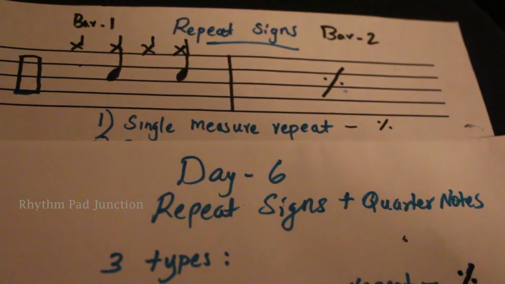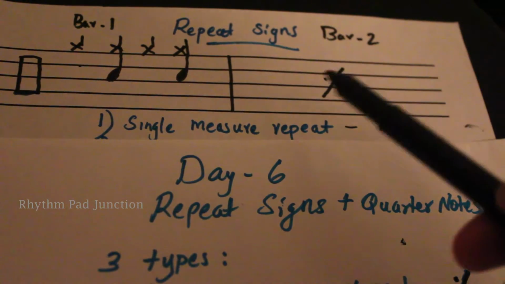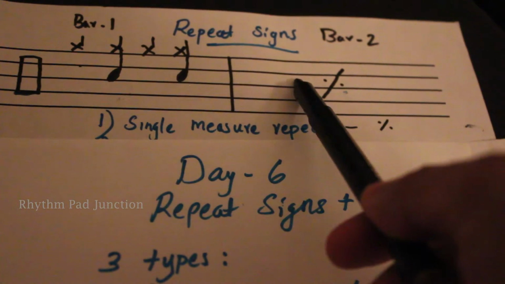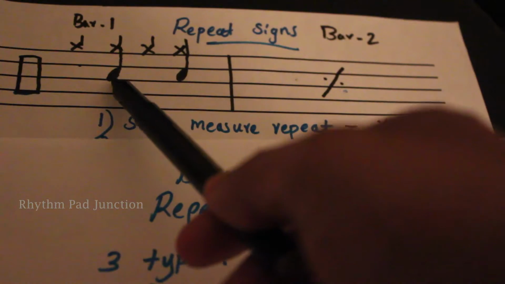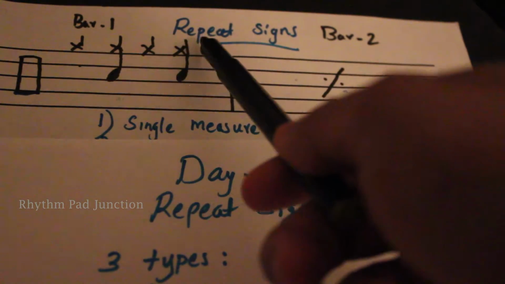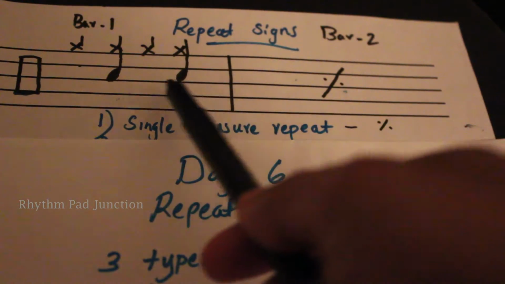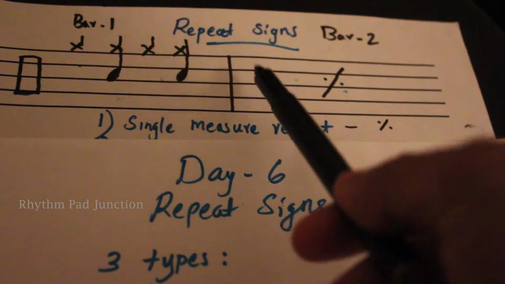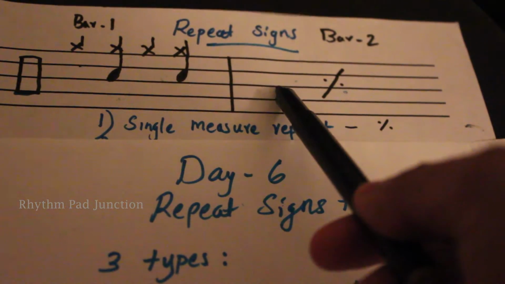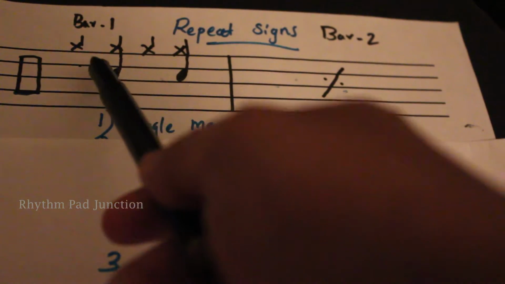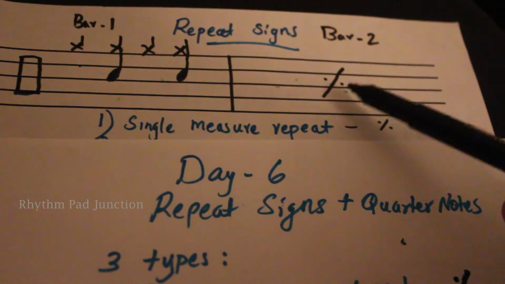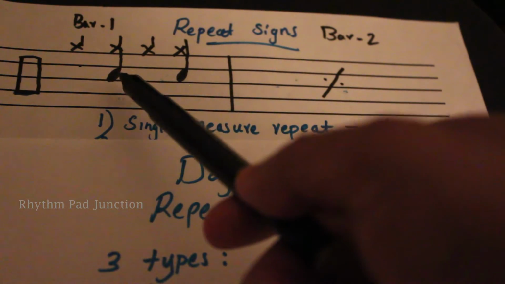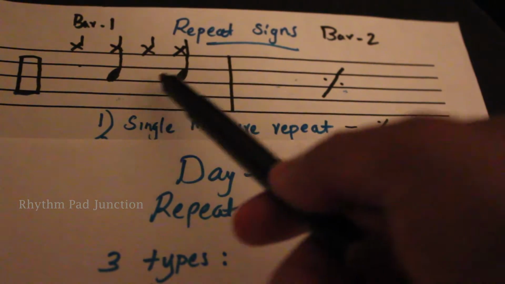Single measure repeat is nothing but this. This is bar 1 and this is bar 2, right? If in bar 1 we have this particular beat written on this tape, and you want to just copy it and play the exact same thing on bar 2, then instead of writing this all over again on bar 2, you can just put this percentage sign here, which means you're going to repeat exactly the same thing from bar 1 on bar 2.